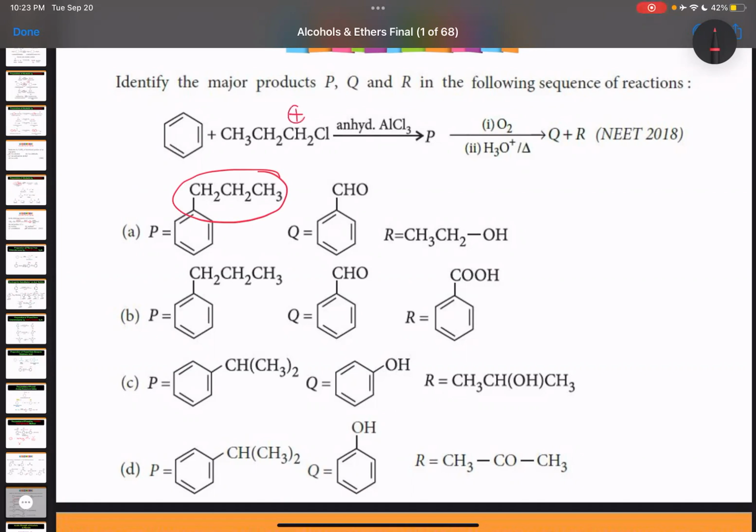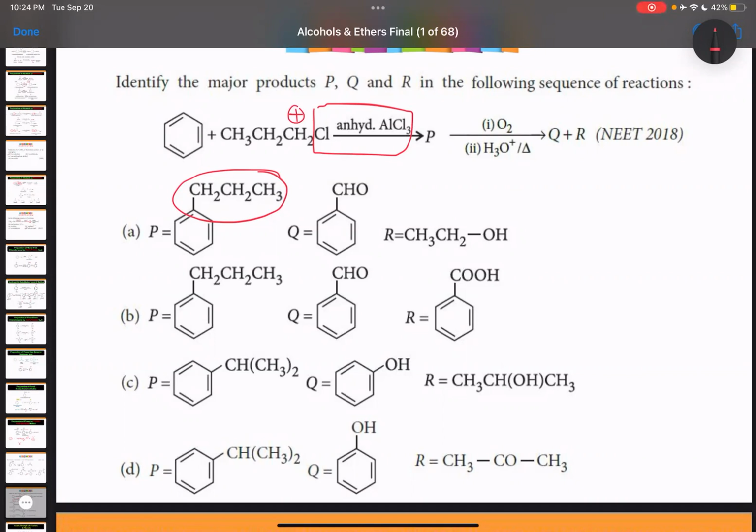Always, this is the carbocation which is going to form, after the removal of Cl. Clear? A carbocation has a tendency, and you should always remember what that tendency is, which we discussed in the first thing in today's class.